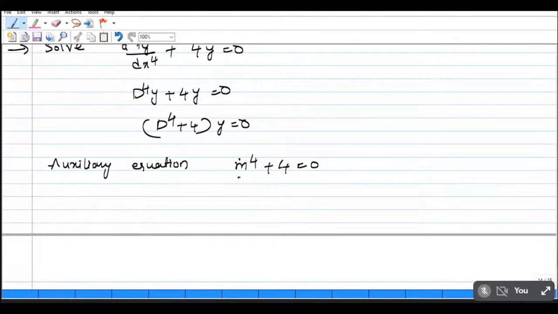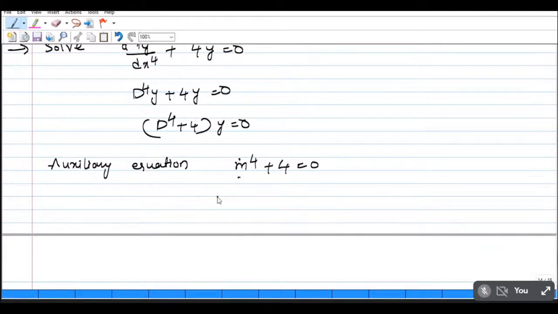But this is m power 4 plus 4. Do you have any other idea?